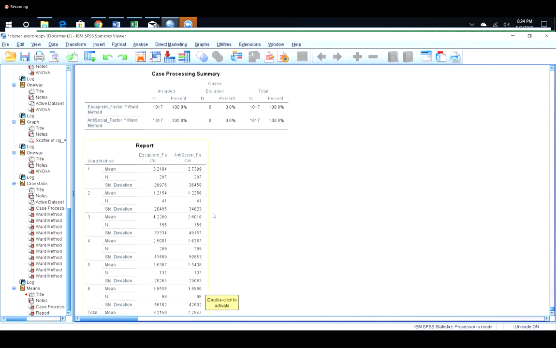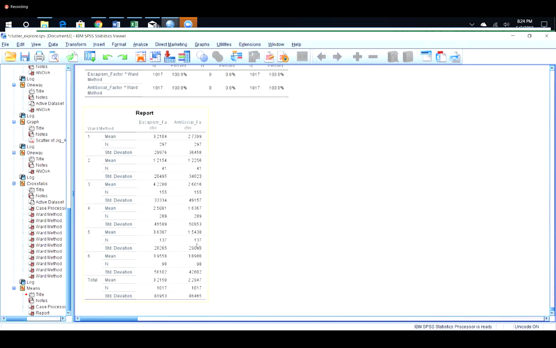So if I'm thinking, what's driving people to play first-person shooter games? What characteristic? It's not their antisocial score. It's clearly their escapism score. So people who score high on escapism like to play first-person shooter games. If I was developing a marketing campaign to pull out messages that would appeal to people, I might say something like, leave your troubles, escape your worries of the day, play this first-person shooter game that I've just come up with.